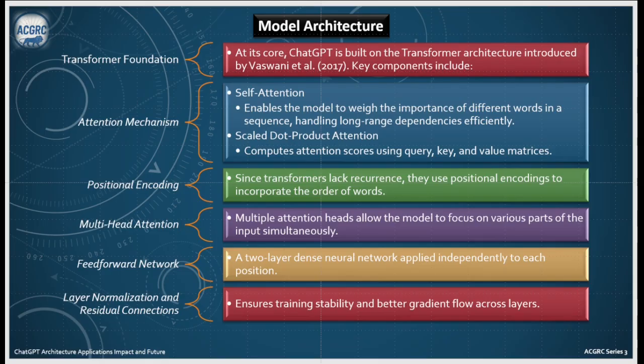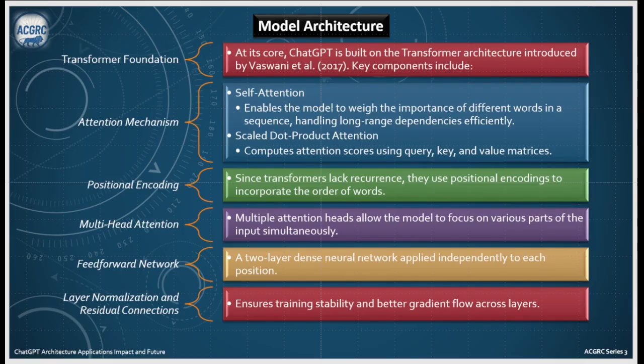Positional encoding. Since transformers lack recurrence, they use positional encoding to incorporate the order of words. Multi-head attention. Multiple attention heads allow the model to focus on various parts of the input simultaneously.